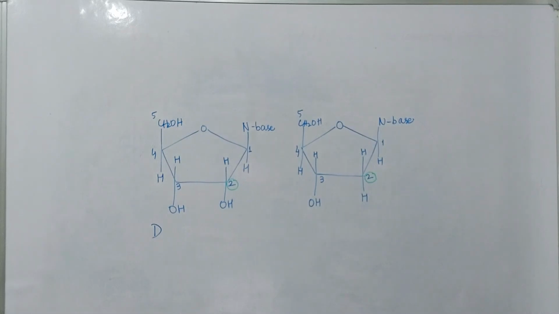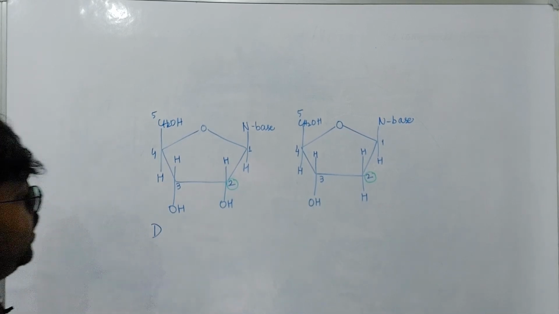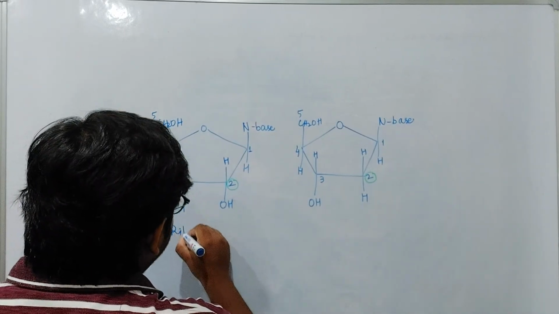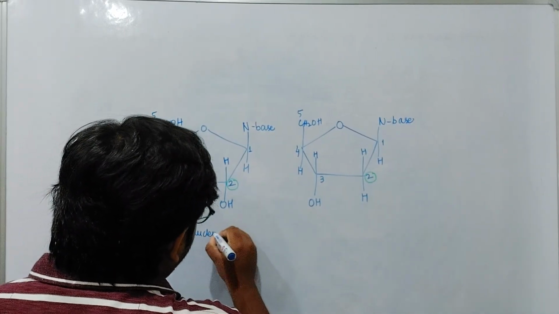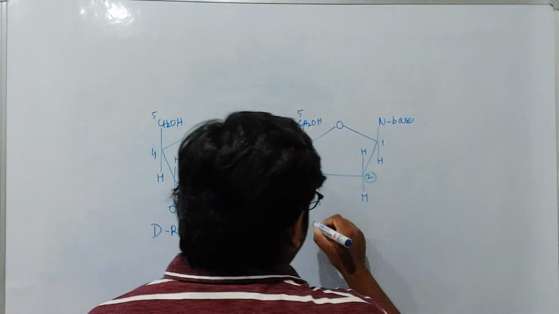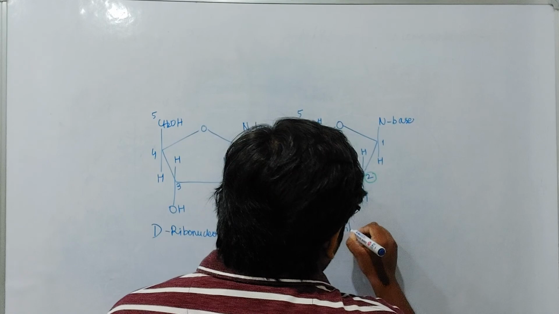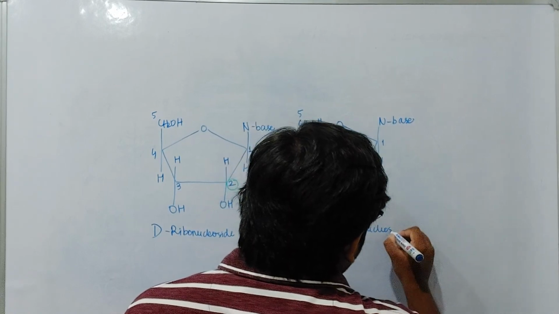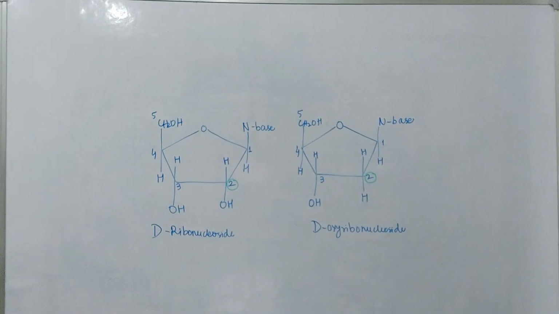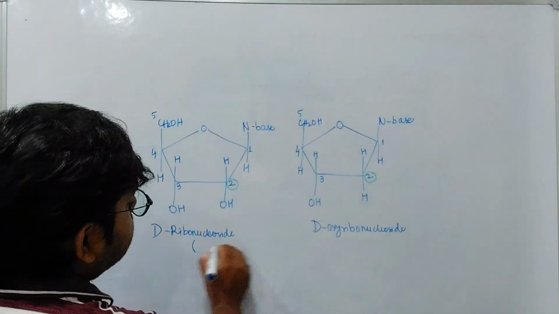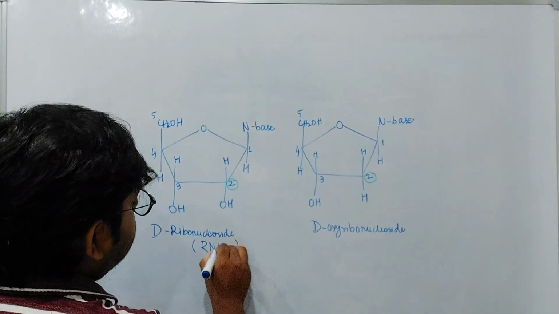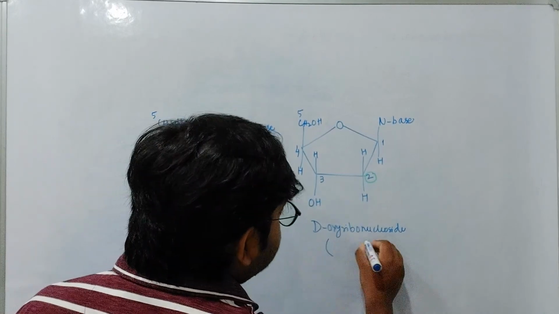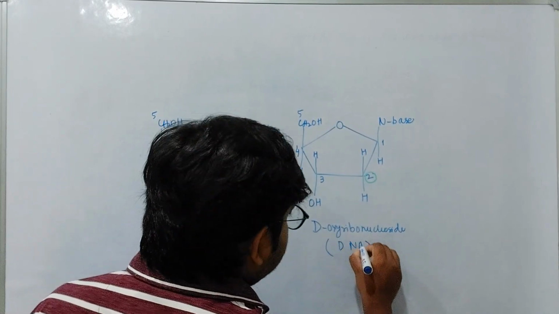The first one is D-ribonucleoside and the second one is deoxyribonucleoside. So these are called nucleosides. This D-ribonucleoside is found obviously in RNA and the deoxyribonucleoside is found in DNA. All right.